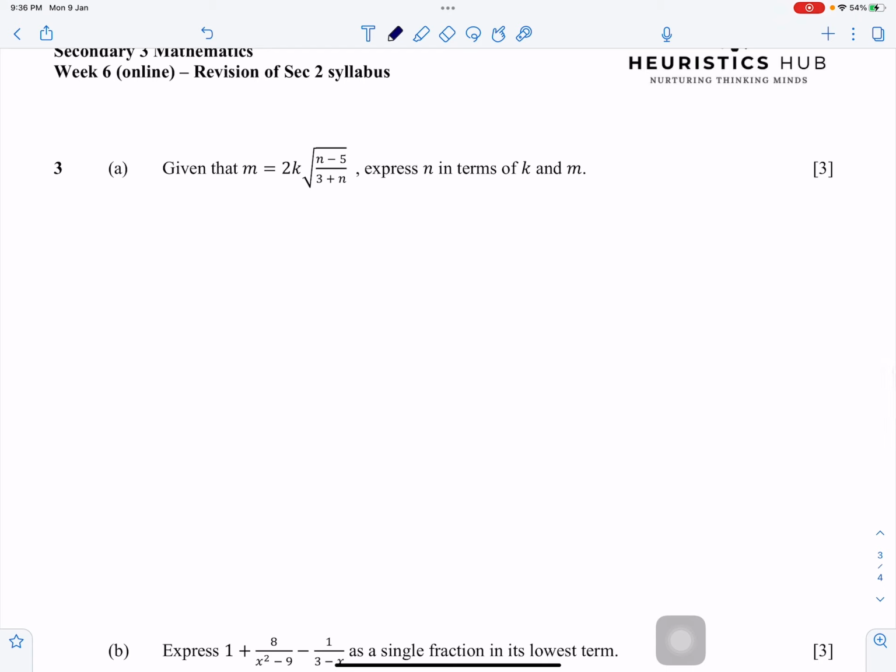Question number 3, I think you want to express n in terms of k and m. So there you go, over here.